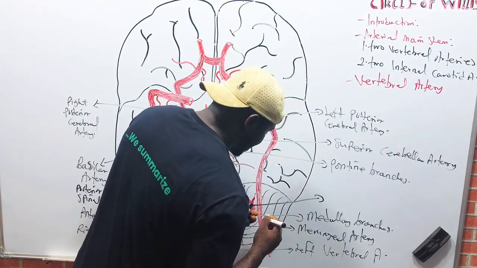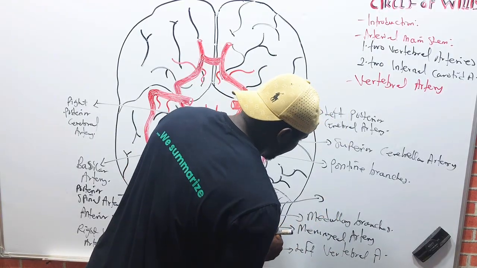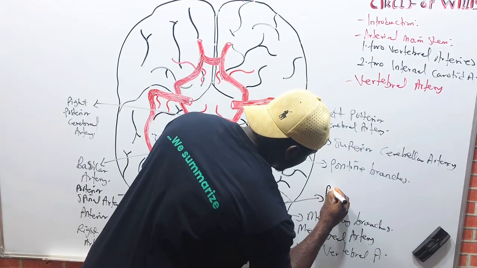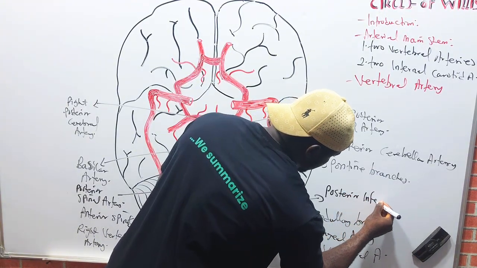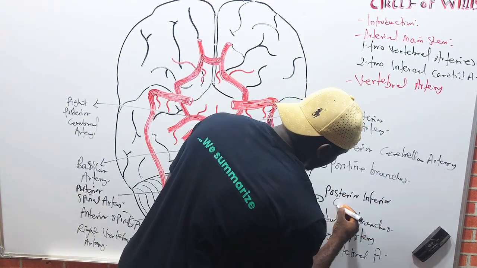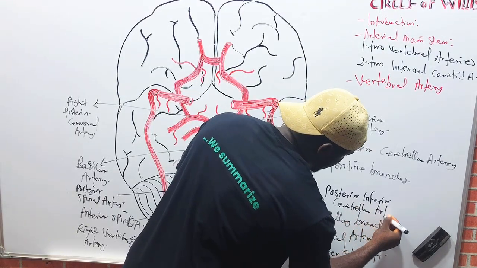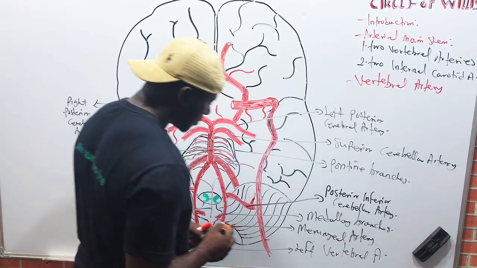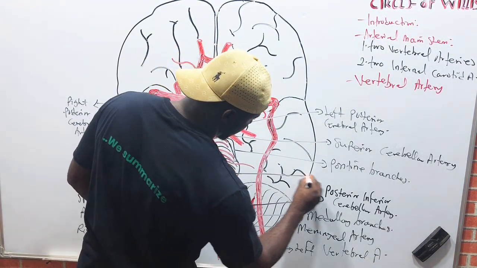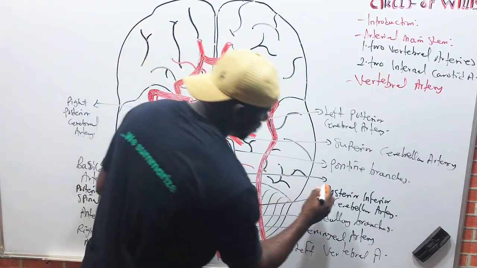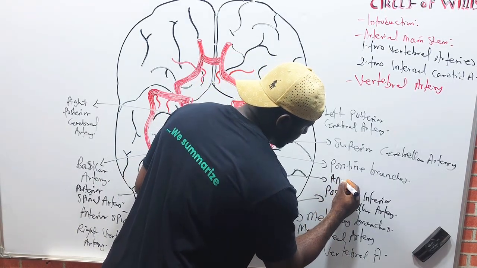Now, this branch is called the posterior inferior cerebellar artery. And this here is called the anterior inferior cerebellar artery.